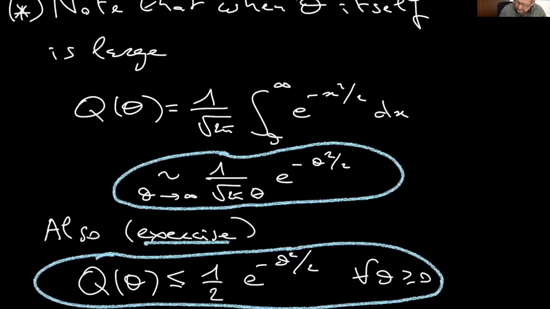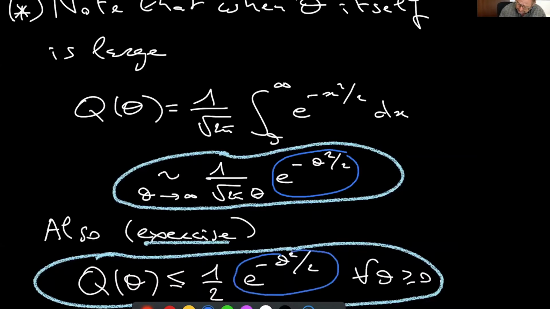So what these two results have in common is that the same exponential decay appears, but you have two different things which appear.